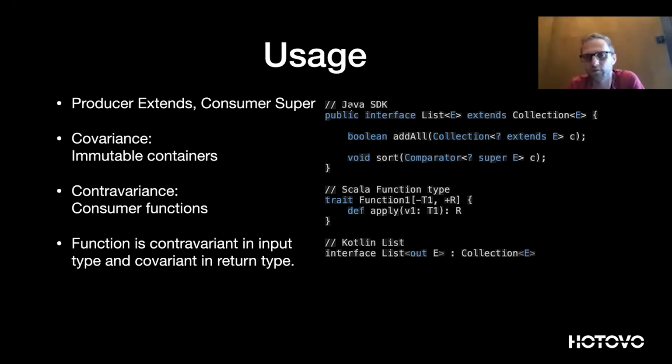So out of the Java SDK, this is not a made-up example. It's a real Java interface, List. And we see here that Java doesn't have declaration site variance.